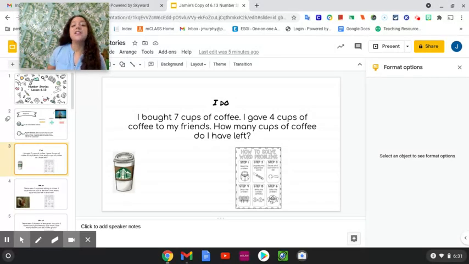Now I'm going to draw a picture to match this word problem. All right, it says I start with 7 cups of coffee. So I'm going to draw 7 cups of coffee. When I'm drawing the cups of coffee, I keep double checking that I only draw 7. I don't want to draw too many or too few. 6, 7.